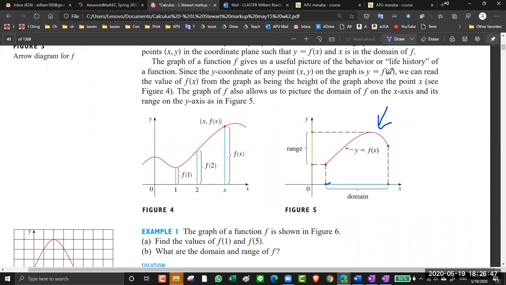Okay, let me try this again. So this is the domain. And what is the range? It's the set of heights that get mapped from the domain. So it's actually right here. So this is the range. Any questions about that?